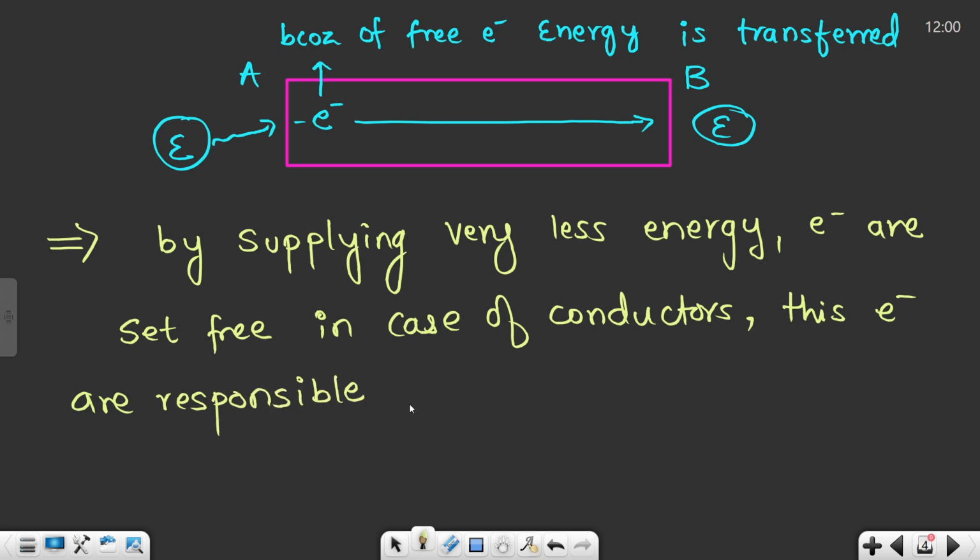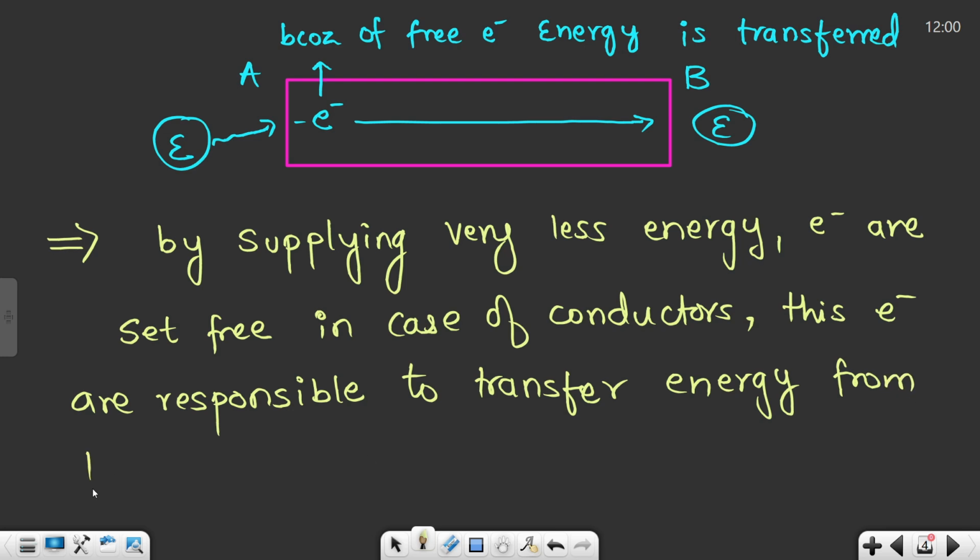These electrons are responsible to transfer energy, that is heat or electricity, from point A to point B. I hope you are able to understand this particular concept. By supplying very less energy, electrons are set free in case of conductors. So this is all true in case of conductors only. These electrons are responsible to transfer energy from point A to point B.